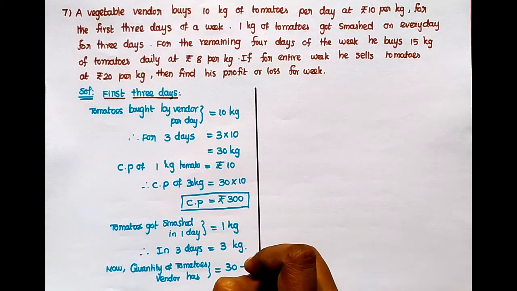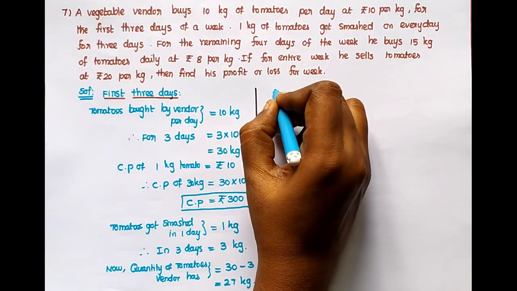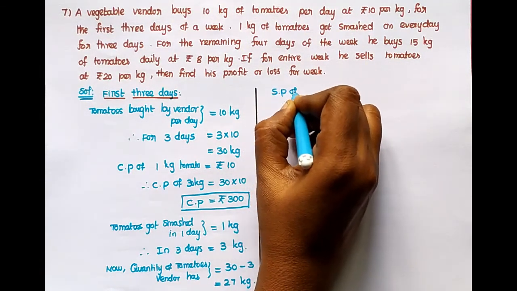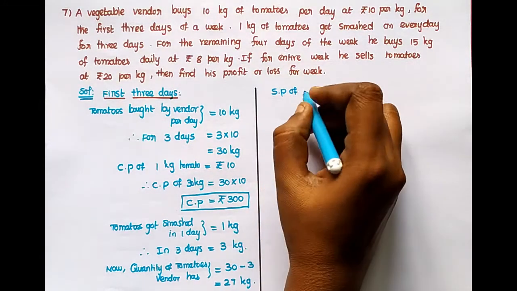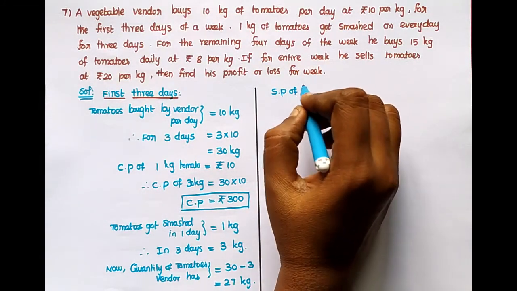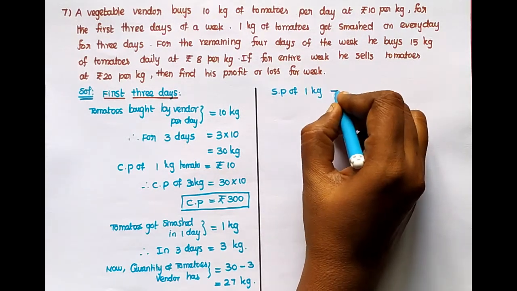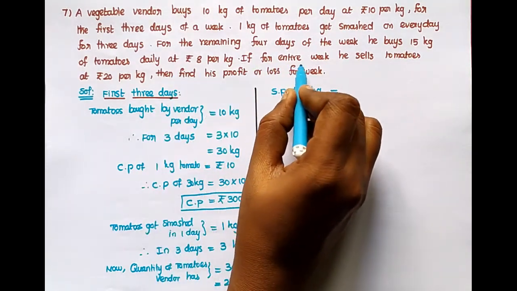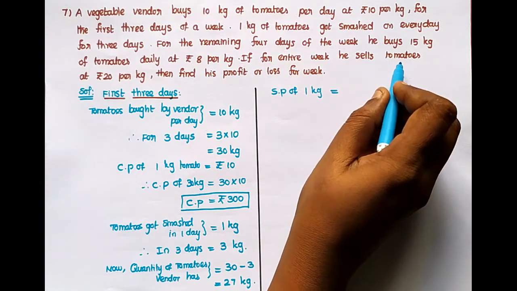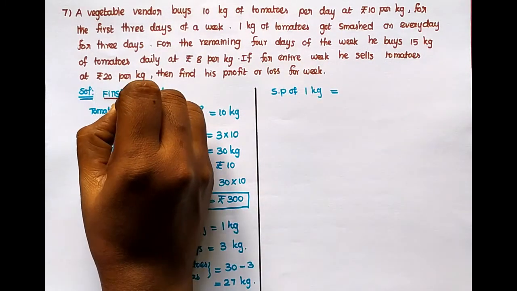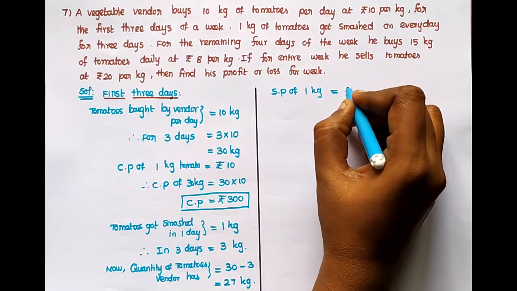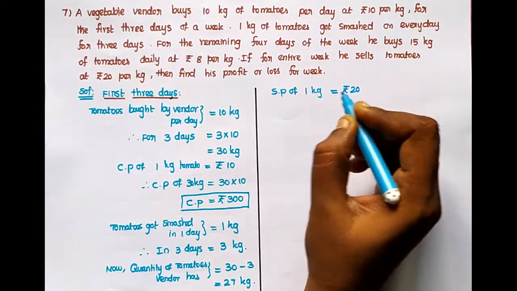Now, selling price. Selling price of 27, 1 kg first. What is the selling price? Entire week he sells tomatoes at rupees 20 per kg. So 1 kg equal to rupees 20.